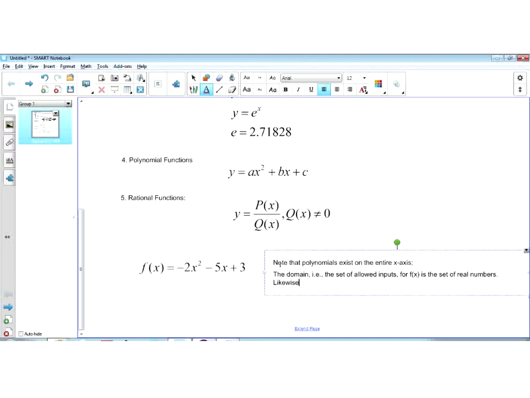Okay. Likewise, the range, that is the set of outputs. Now, I readily admit that I'm going to have a lot of typos in my lecture notes.